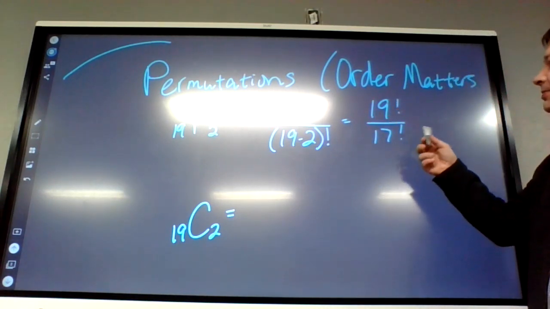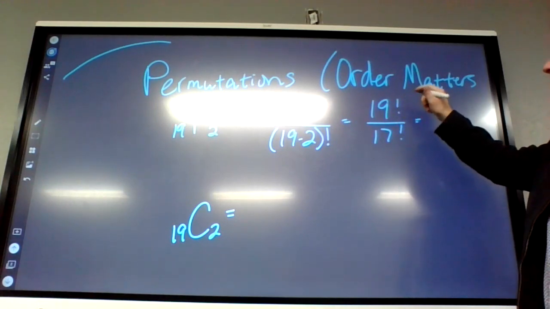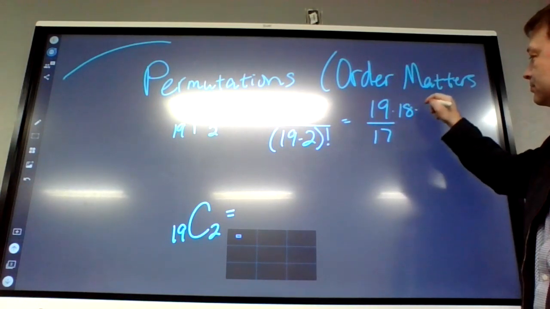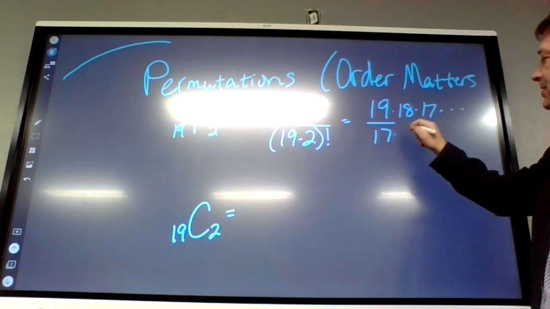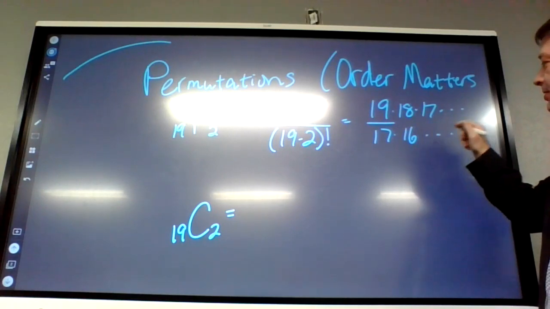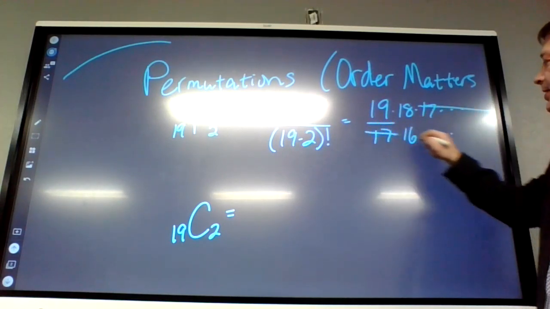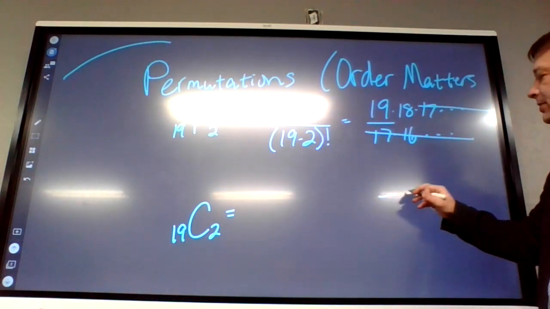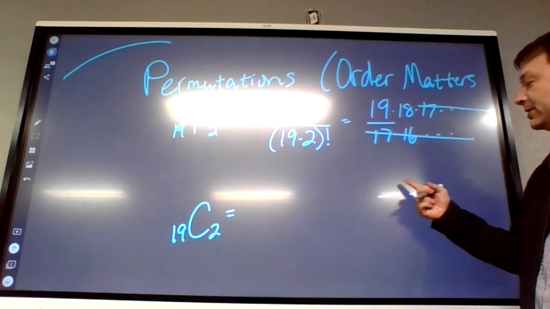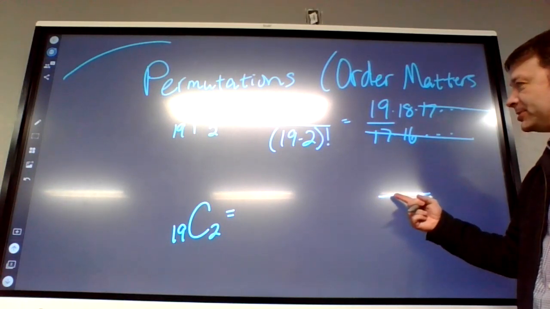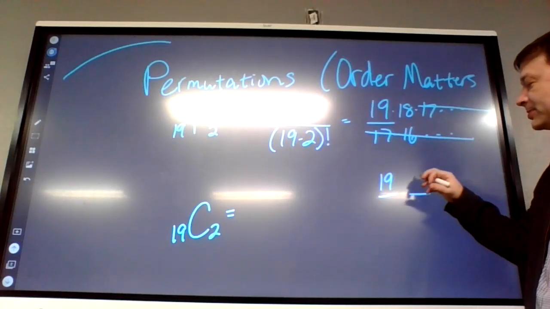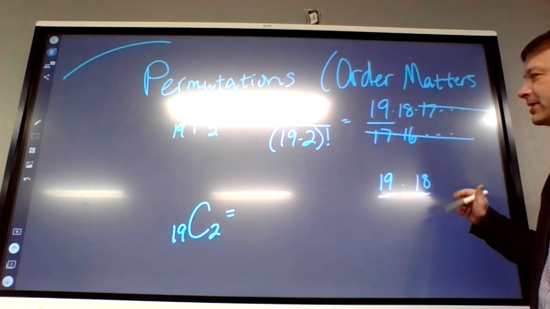Factorial means 19 times 18 times 17, dot, dot, dot, over 17 times 16, dot, dot, dot. So the 17 times whatever cancels out, it's just 19 times 18. It's like what we've done before: in the president spot, how many possibilities are there? 19. In the vice president spot? 18.